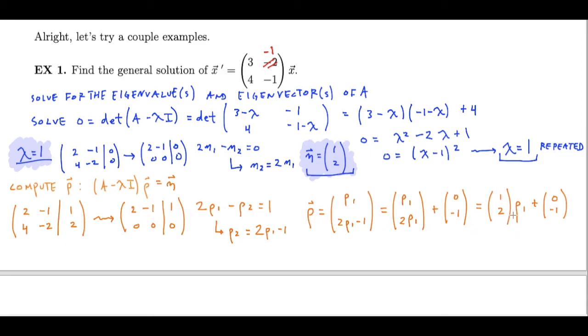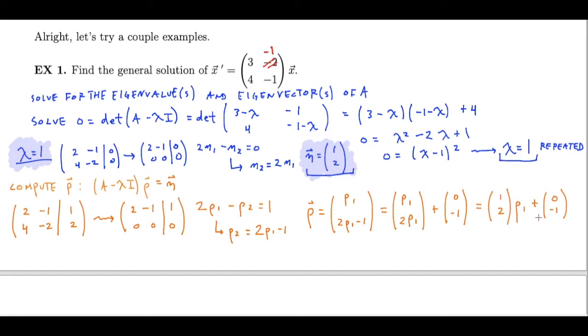So since, in a certain sense, that vector is already represented in our solution, that is to say, this vector 1, 2 and the eta vector are linearly dependent. They're in fact equivalent. I want to exclude that portion from my actual generalized eigenvector rho. So this is kind of a strange step, but I'm going to choose rho sub 1 to be 0.